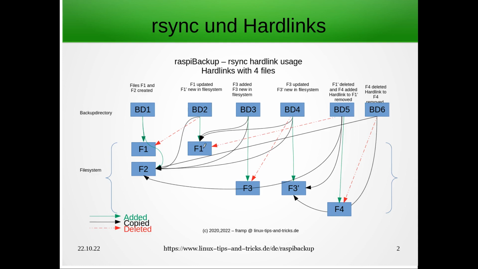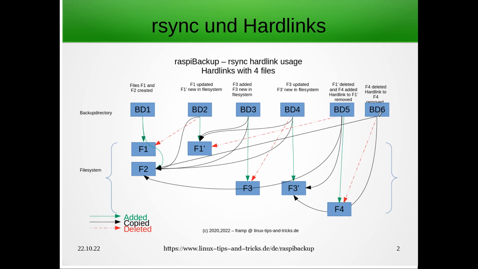Actually, a link to this file is not created because it's not detected anymore. And then file 2 exists already on the backup space. A link is created. Everything is fine. Next, same happens for the modified file 3. Just the link is created. Nothing is copied. And finally, okay, there's a new file, and then this file is copied to the backup space.